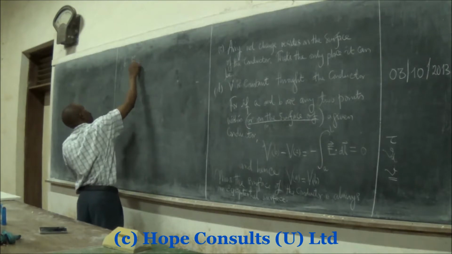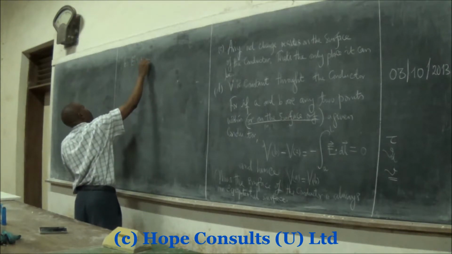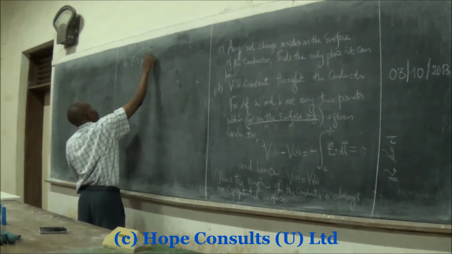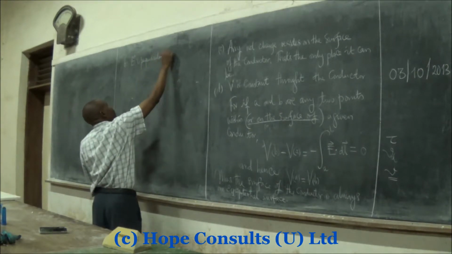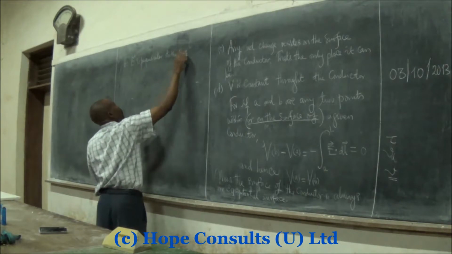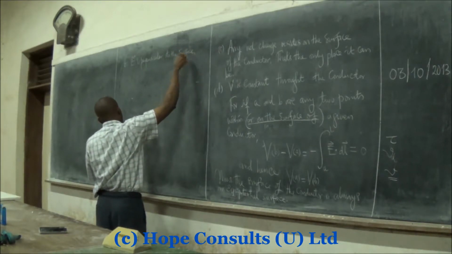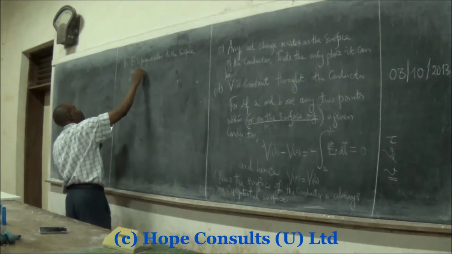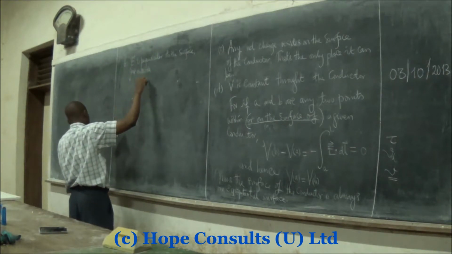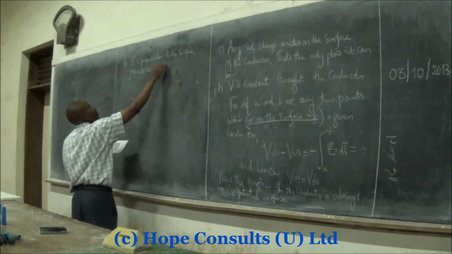So E is perpendicular to the surface just outside the conductor.